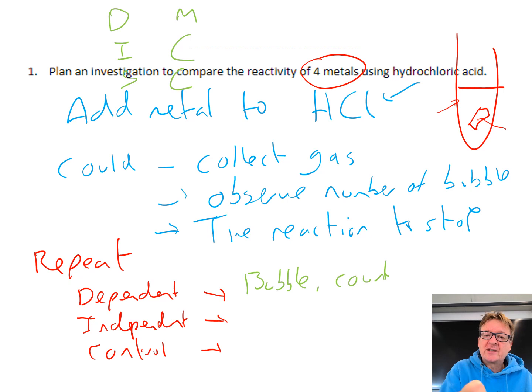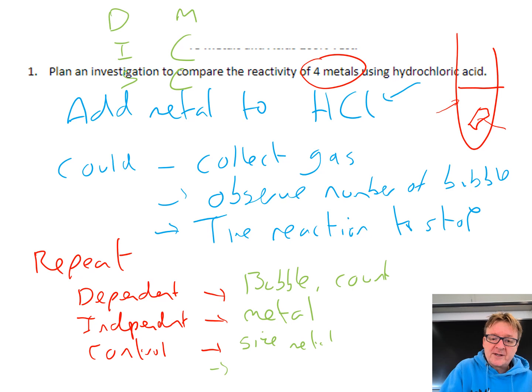Independent is what you change between practicals, which is the metal. And stay calm means the control stays the same: the size of the metal, the amount of hydrochloric acid, the temperature. Any of those could come into it.